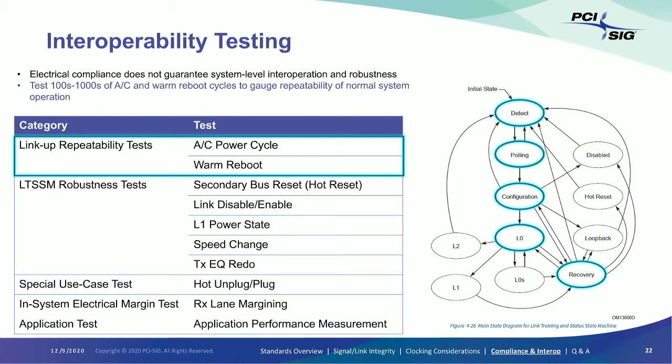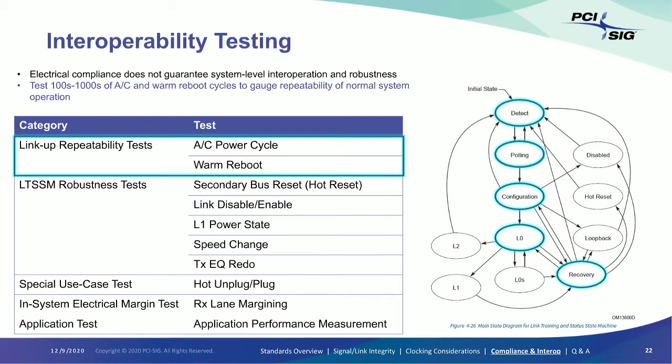The first test you can look at is a category of link-up repeatability tests. These are simply coming either from a cold boot, so an off state, to the system reaching L0 at the maximum rate and link width, or a warm reboot, from L0 back through detect and through the link states again.